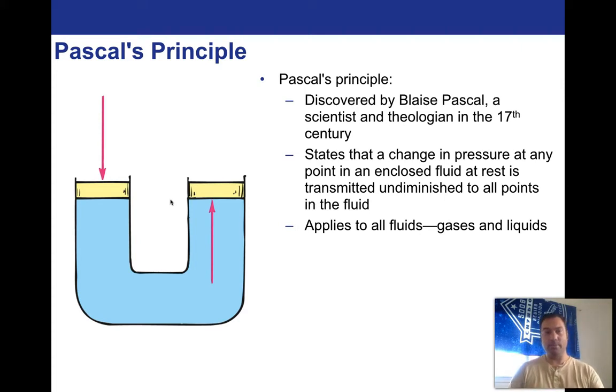It's named after this guy. So anyways, Pascal's principle was discovered by Blaise Pascal, a scientist and theologian in the 17th century. In the 17th century, a lot of people were both scientists and theologians. It was not uncommon for scientists to see themselves as mapping out God's creation. So that's why you'll see those two together.